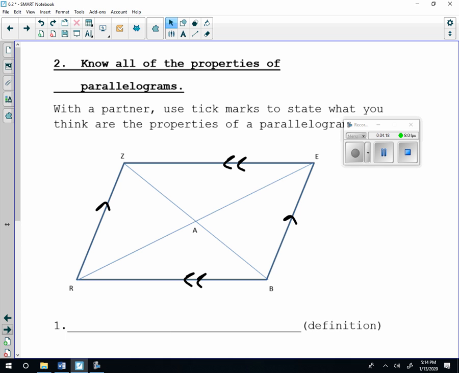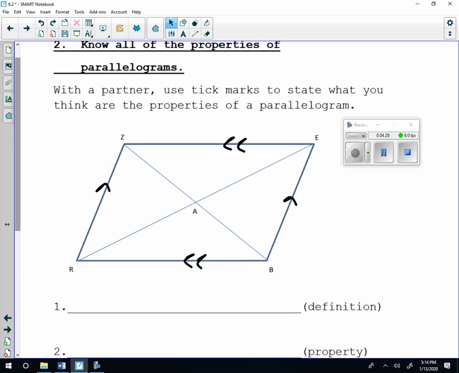So when you have a four-sided shape in which both pairs of opposite sides are parallel, by definition, it's now a parallelogram. So in blank one where it says definition, you would say a quadrilateral in which both pairs of opposite sides are parallel.